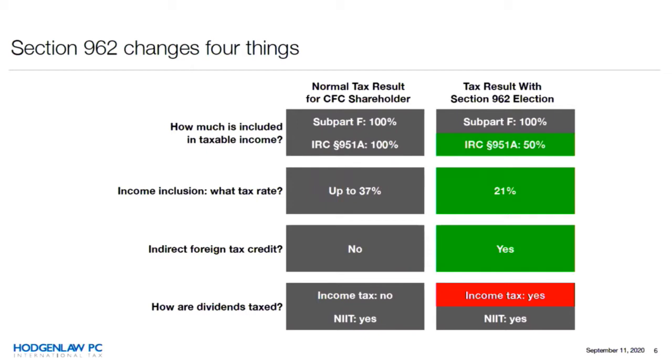The Delaware C corporation would be allowed to take an indirect foreign tax credit for any taxes paid in the other country on the branch operations. And the shareholder would indeed pay income tax on dividends if the dividends were distributed from the Delaware C corporation to the shareholder. So that's the rough template of what the government was trying to do.